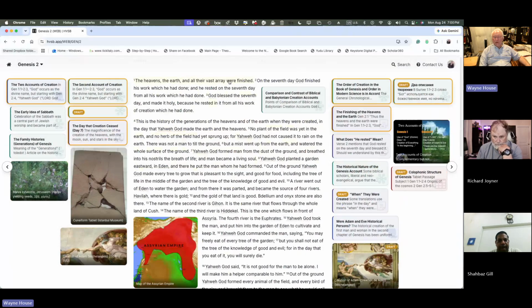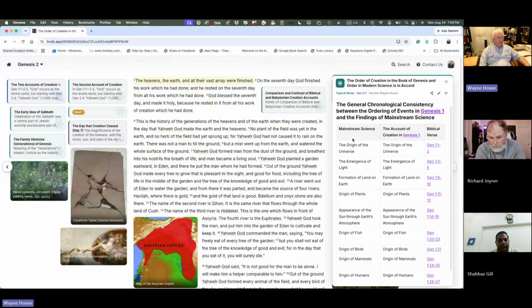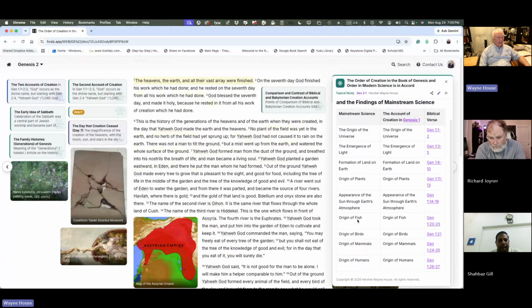By the way, I think evolution's a philosophy, not actually real science. So what I decided to do is see what's there. I'm going to come over and click this. This right here demonstrates what mainstream science says happened. This is what you see in the same exact order in the book of Genesis.